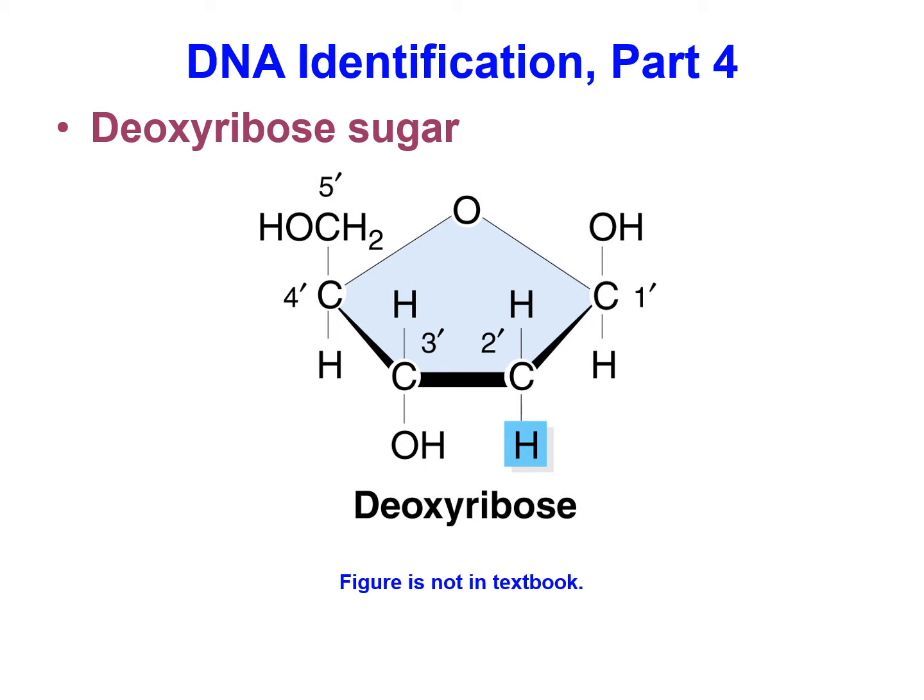And when you're looking at these structures in identification pictures, it's going to be hard to know what the sugar is. So I think this O in the ring right here helps you to understand that this is the sugar, and it's not one of the nitrogenous bases, which had those single and double rings that all had nitrogen in them.